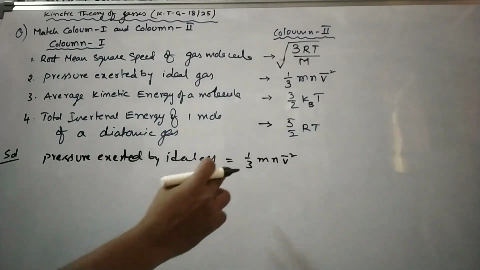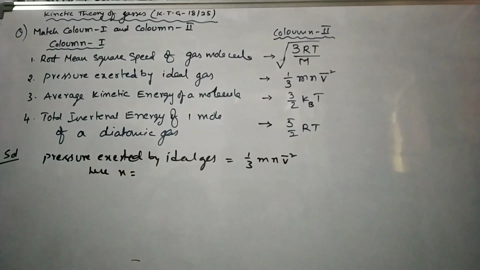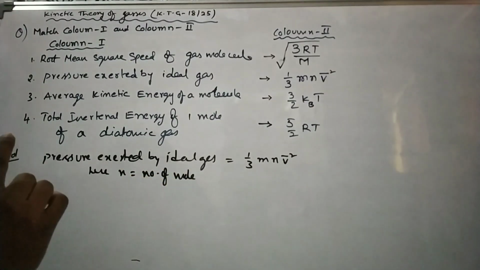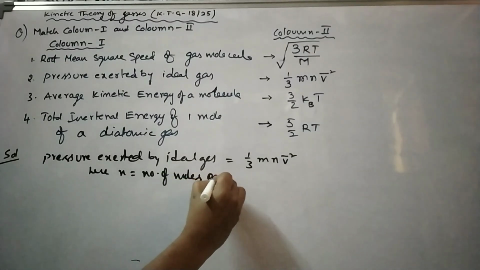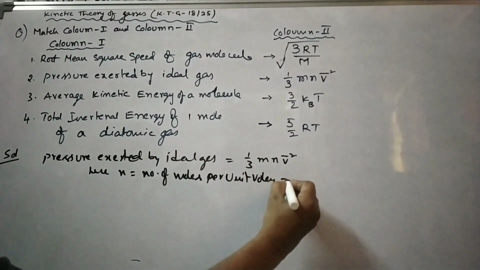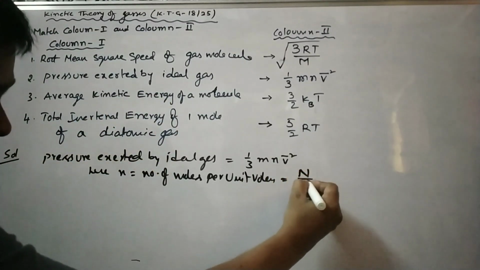Here in this equation, n is the number of moles per unit volume of a given sample, which is equal to N by V.